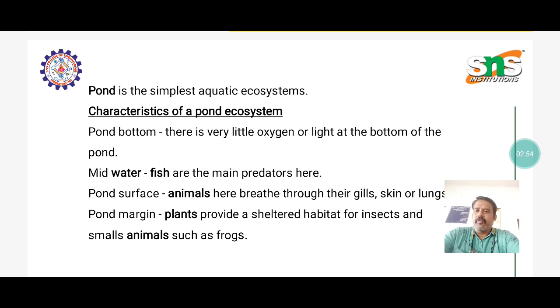The next is the pond margin, where plants provide shelter and habitat for insects and small animals such as frogs. This is only for the pond margins.